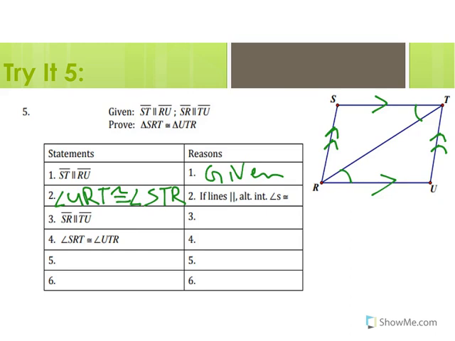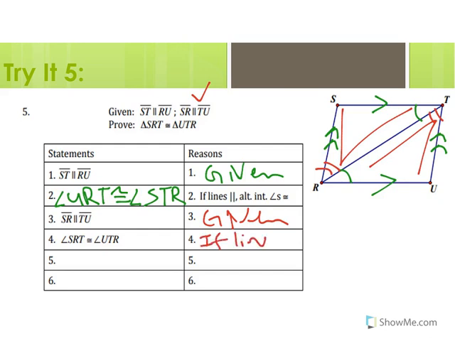And then step 3, let me use a different marker. So SR is parallel to TU, which is given. And angle SRT is congruent to angle UTR. These two angles are congruent because of the same reason as number 2. If two lines are parallel, then the alternate interior angles are congruent.